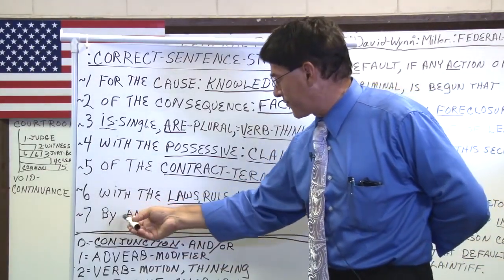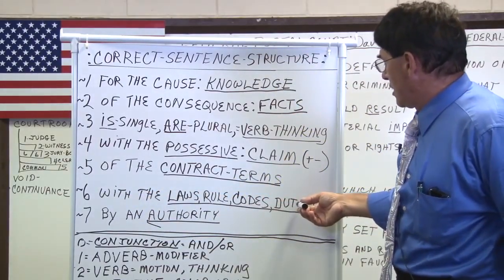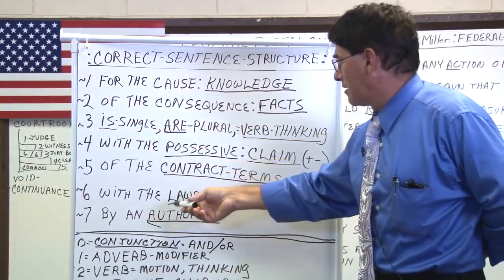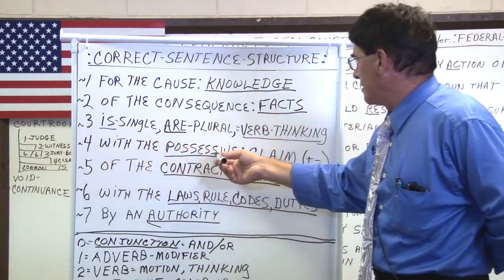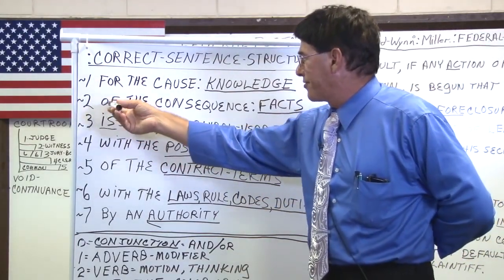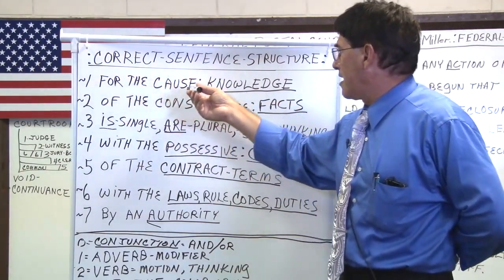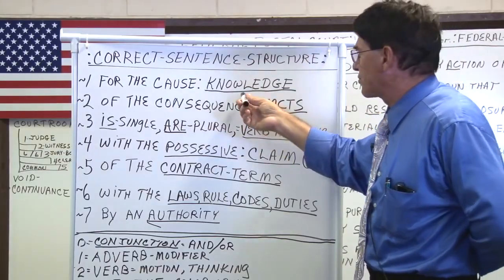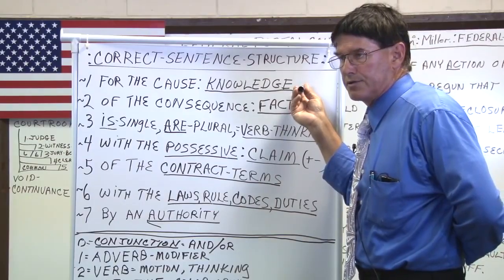So if I read this for and authority of the laws, rules, regulations, and codes, now I can go back up, pick up my verb is or are, with the contract terms of the possessive claim, with the consequential facts by the cause or the claimant's knowledge. In this case, we would have a claimant who would be the individual who would have the knowledge.